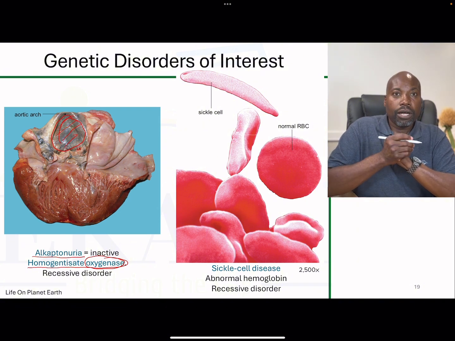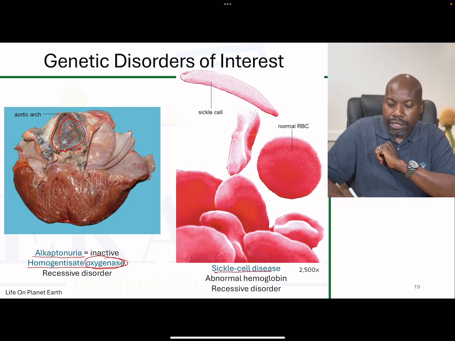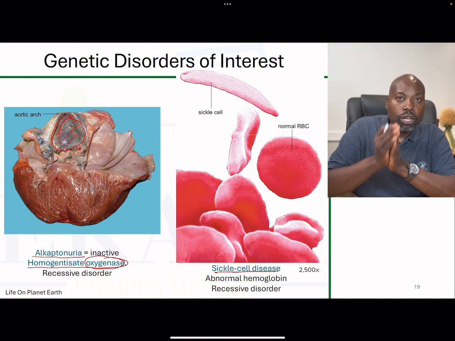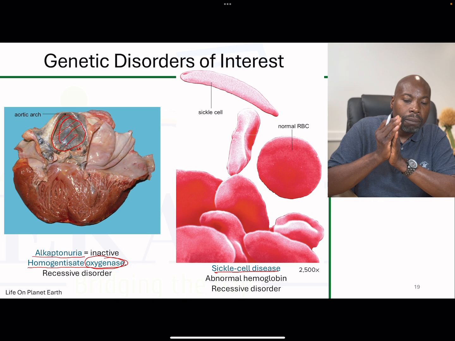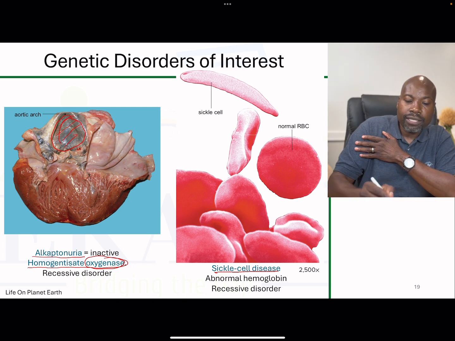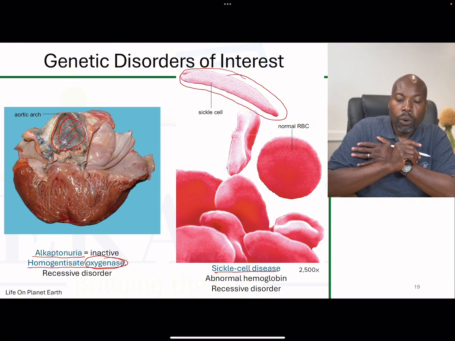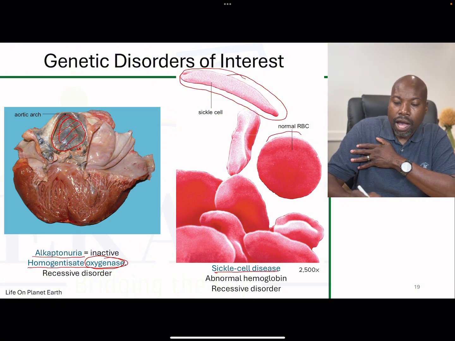Finally, the last recessive trait I would like to address is the sickle cell trait. In the sickle cell trait, the hemoglobin is abnormally shaped. That abnormally shaped hemoglobin is causing the red blood cells to look sickled, while the normal cells are biconcave, right?